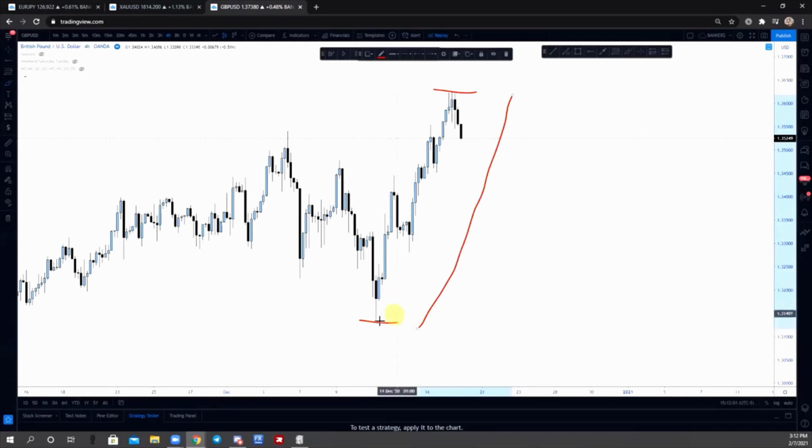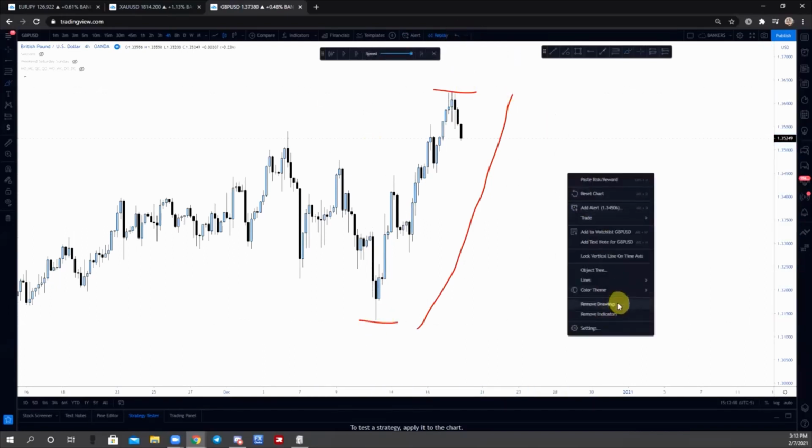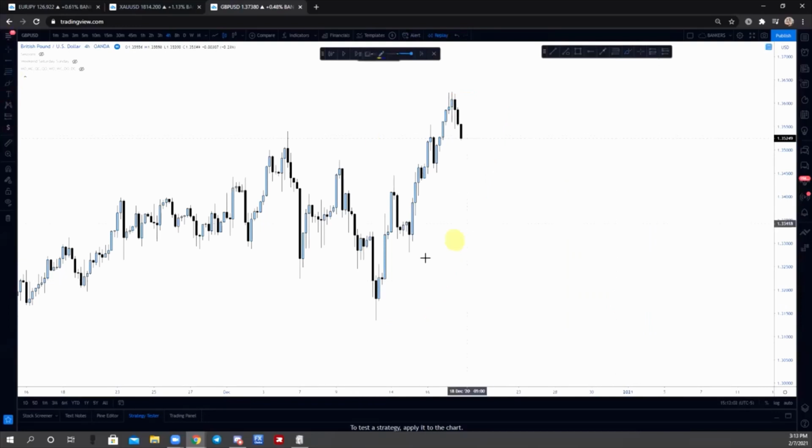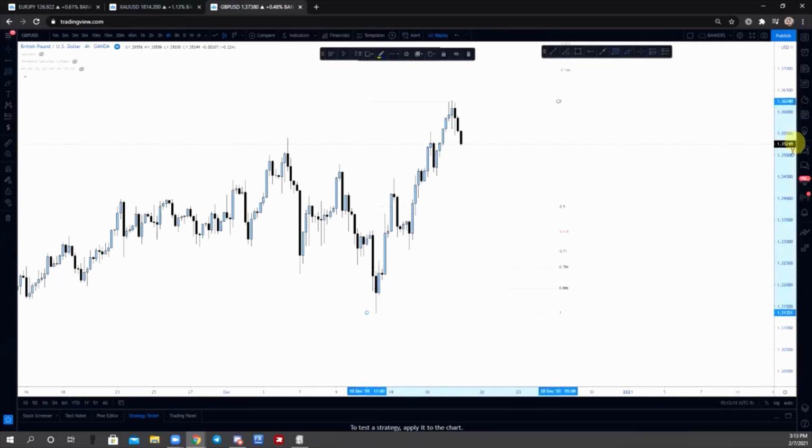So we are focusing on this trading range. We're measuring this move here. So I'm going to delete this. I'm going to draw the fib from the swing low all the way to the swing high here.